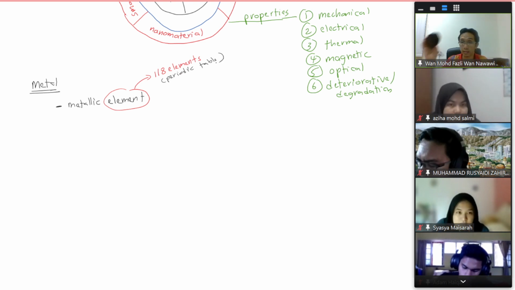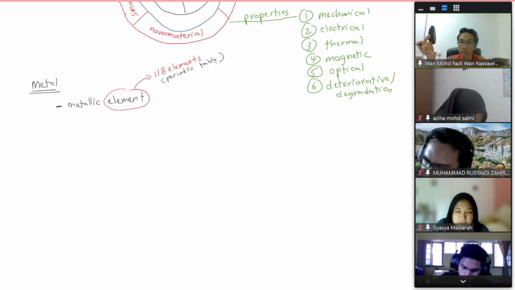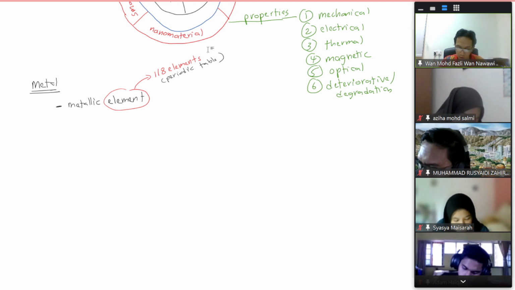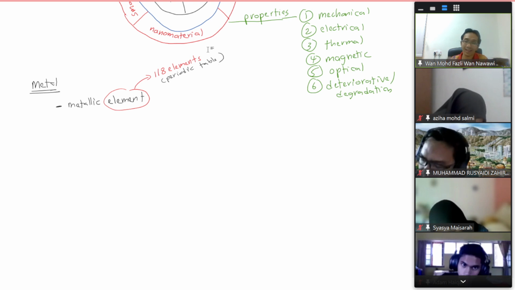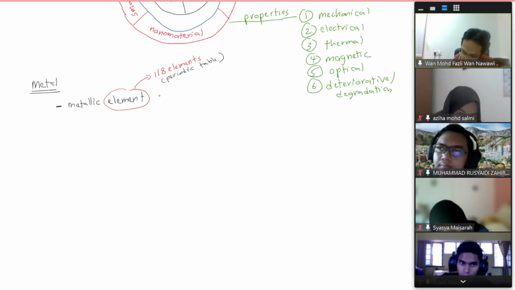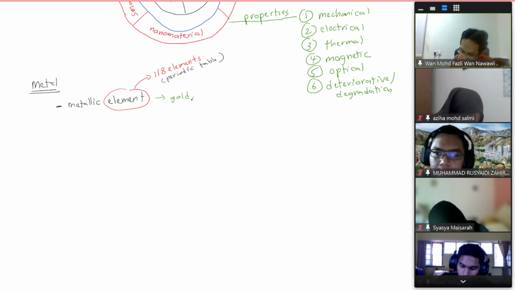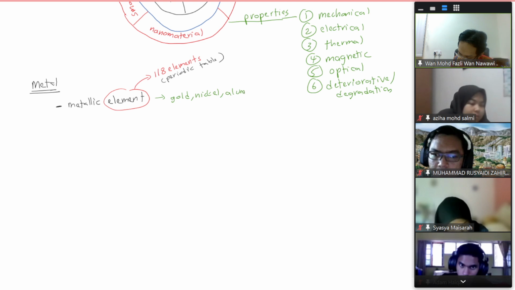This mouse is not an element because it's composed of other elements combined together: you have plastic, you have metal, and so on. So to call something metal, you need to have these metallic elements. Examples of metallic elements are gold, nickel, aluminium, and silver.